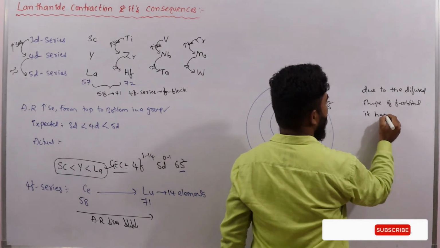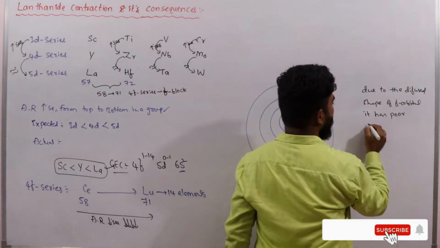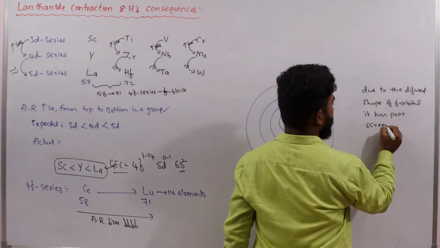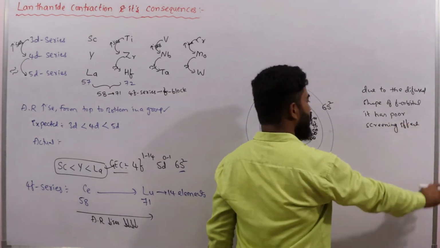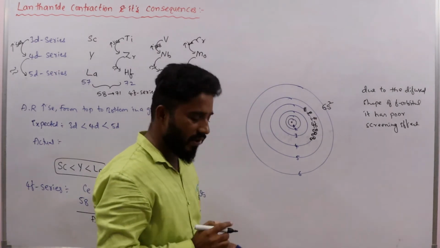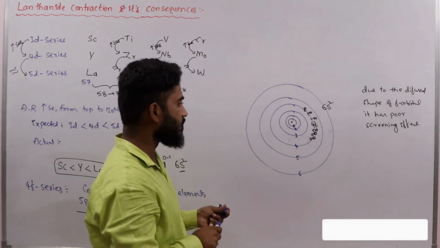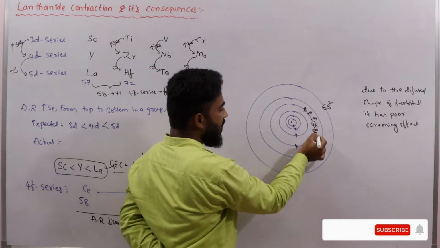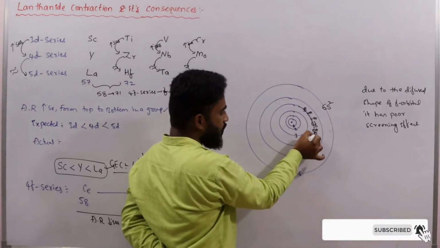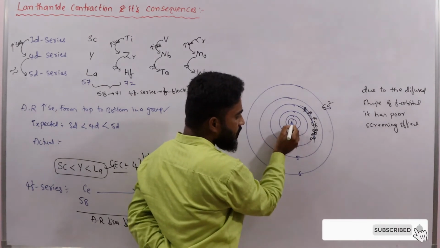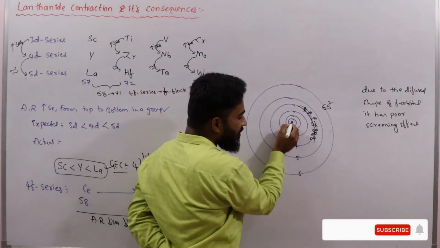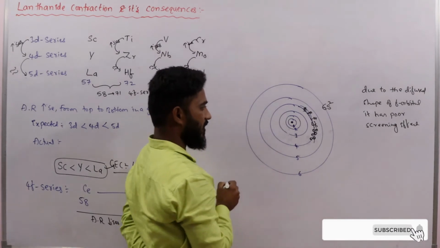F orbital has a poor shielding or screening effect. So due to that poor screening effect, what will happen? Due to the poor shielding of this 4f orbital, it does not screen the nuclear attraction on the outermost electron.